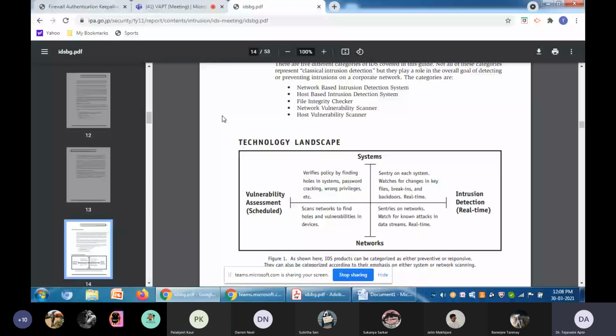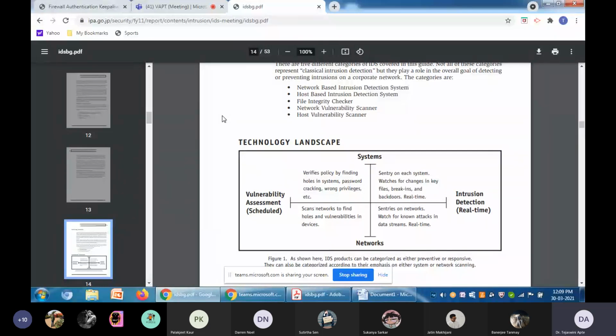If the policy is defined so that the password should be like this and the privileges should be like that, then I cannot say these are the wrong privileges. So first of all, you need to verify the policies. Is it according to the policies or not? If it is according to the policy, then you cannot say these are the vulnerabilities or these are the intrusions.